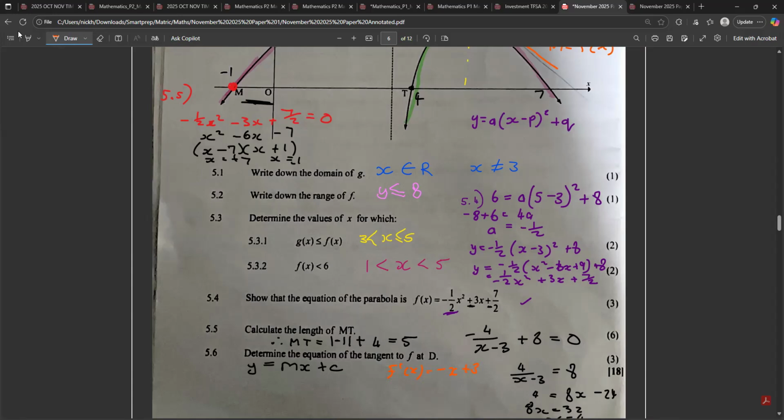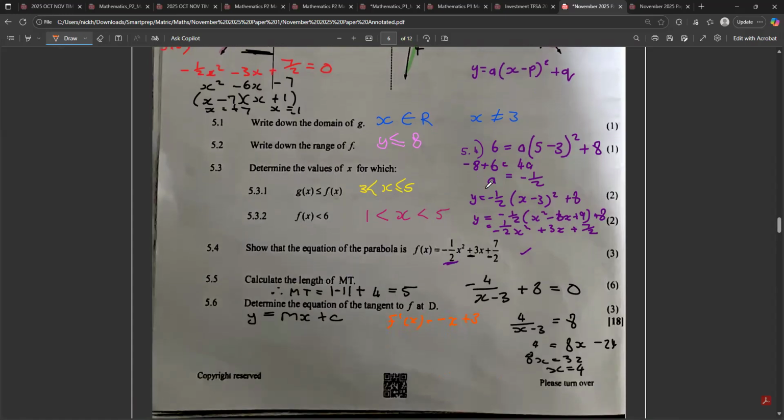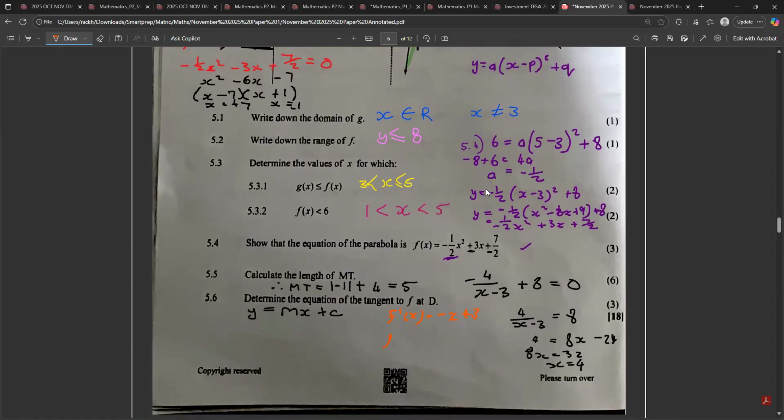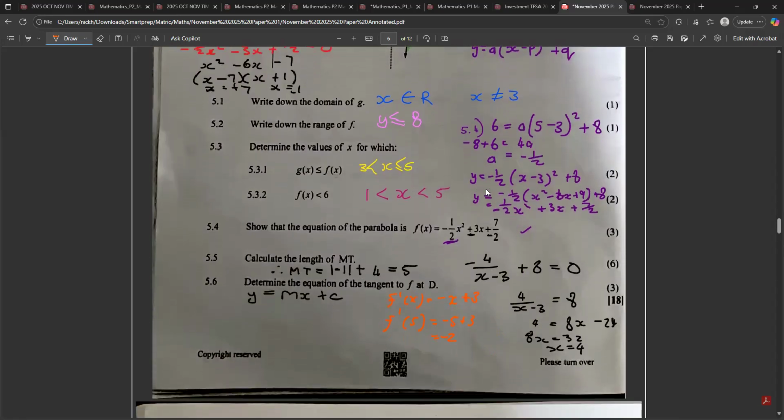Now what do I need? I need the slope at the point where x is 5, right? Because it's a tangent at d. So f dash of 5 is equal to negative 5 plus 3, which is negative 2. Does it slope down? Yes, it does. So that makes perfect sense.